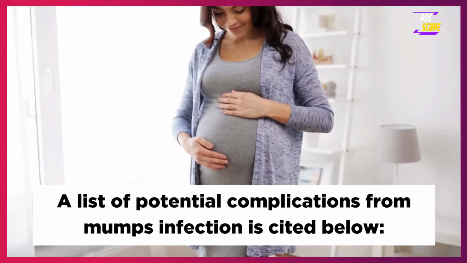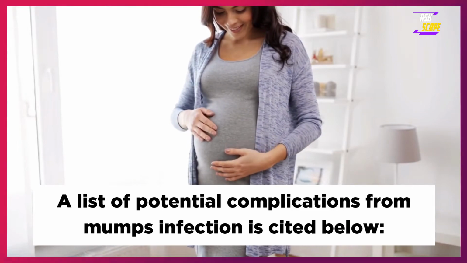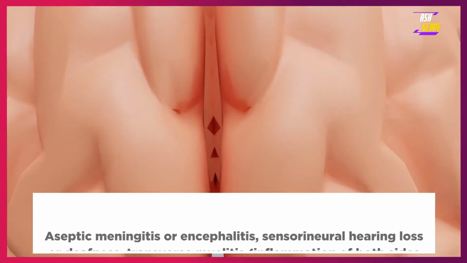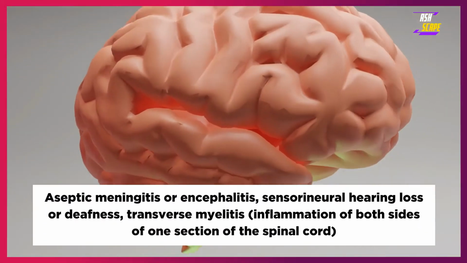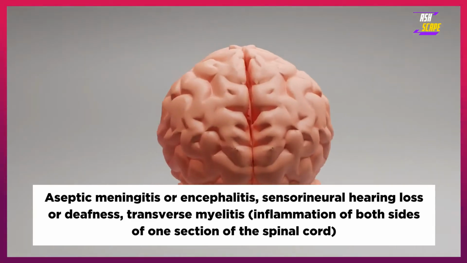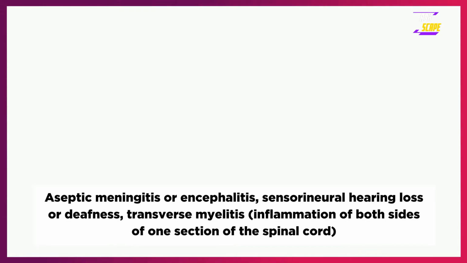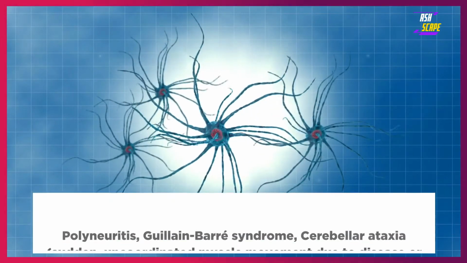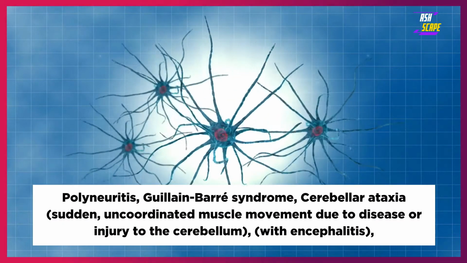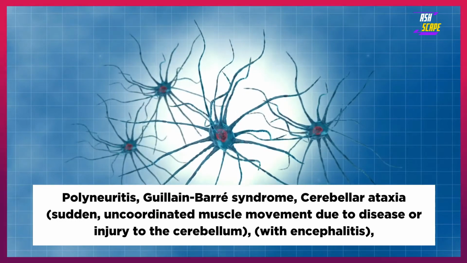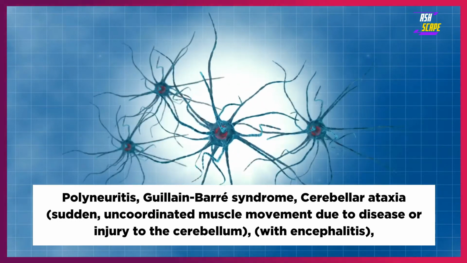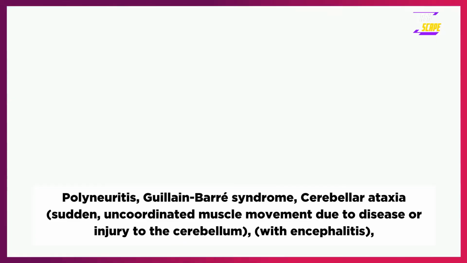A list of potential complications from mumps infection is cited below. Aseptic meningitis or encephalitis, sensorineural hearing loss or deafness, transverse myelitis (inflammation of both sides of one section of the spinal cord), polyneuritis, Guillain-Barré syndrome, cerebellar ataxia (sudden, uncoordinated muscle movement due to disease or injury to the cerebellum) with encephalitis.